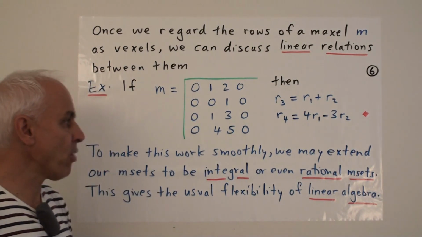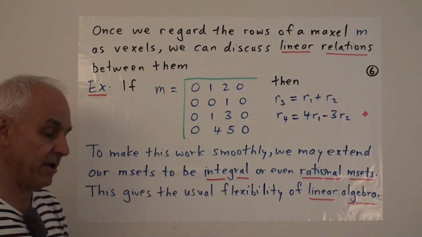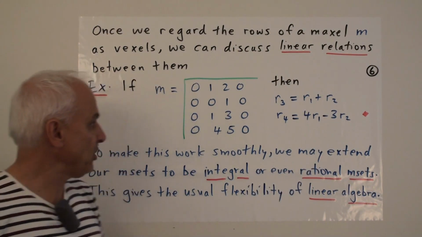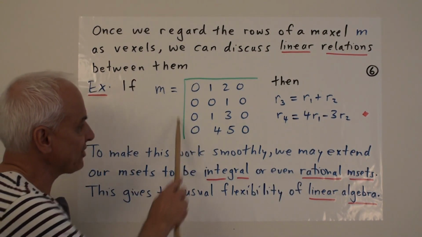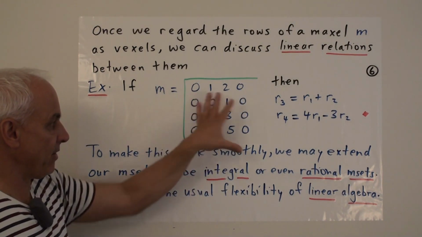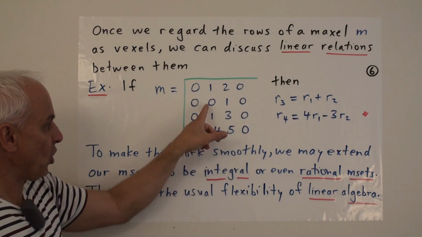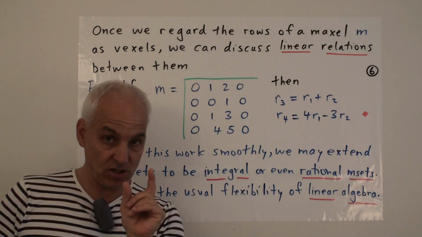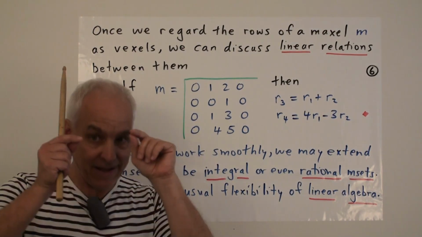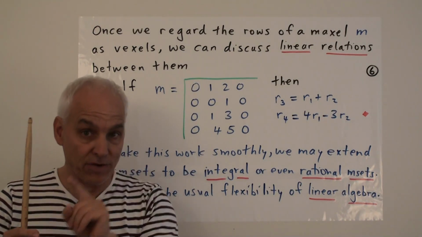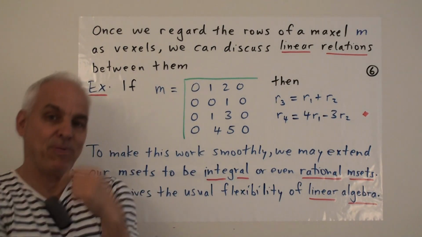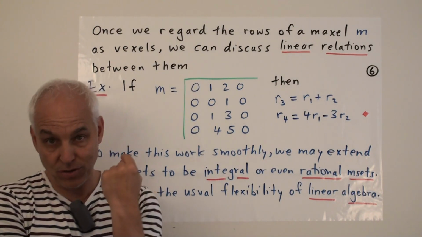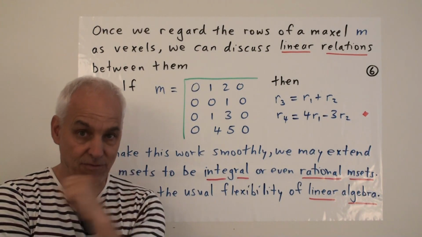But it's more natural, I think, especially for someone who's taken a linear algebra course, to think about it this way. So what we're going to be doing is thinking about a maxil as being an array like this, or an M set of pixels, just as before. The definition of pixel hasn't changed. The pixel is still a list of natural numbers, but the multiplicities of those pixels are allowed to be integer valued or possibly even rational valued.